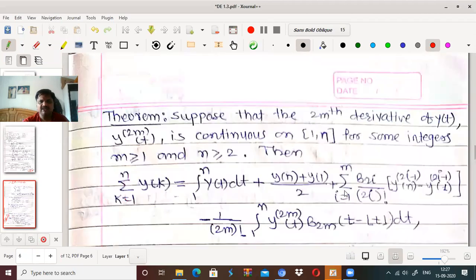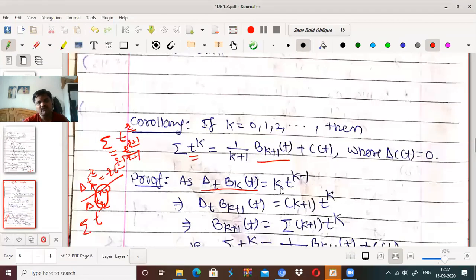So delta t of bk of t equal to k t to the power k minus 1, which implies delta t of bk plus 1 of t equal to k plus 1 t to the power k. क्या किया है हमने सिर्फ यहाँ replace k by k plus 1. Everything remains as is. So if I take k by k plus 1, here k by k plus 1, and here k by k plus 1.